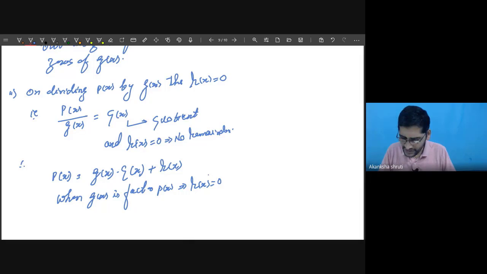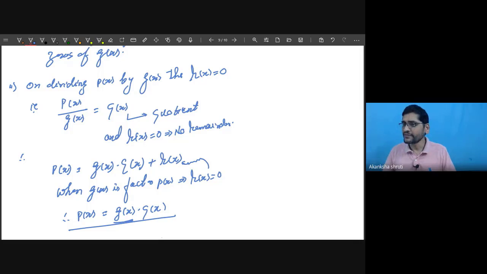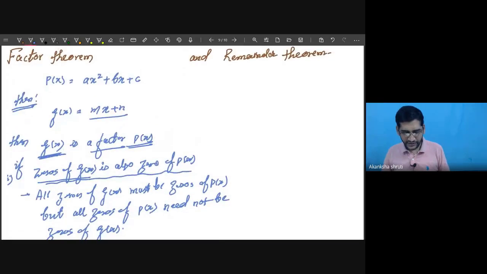Substituting it here, p(x) will come simply as g(x) into q(x). So this is the relation: if p(x) equals g(x) into q(x), it means g(x) is a factor of p(x). These are the two things that we apply to verify whether the given polynomial g(x) is a factor of p(x) or not.